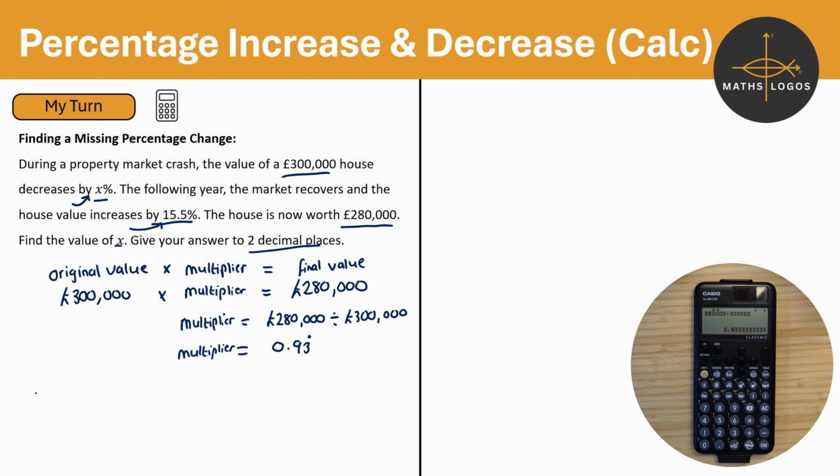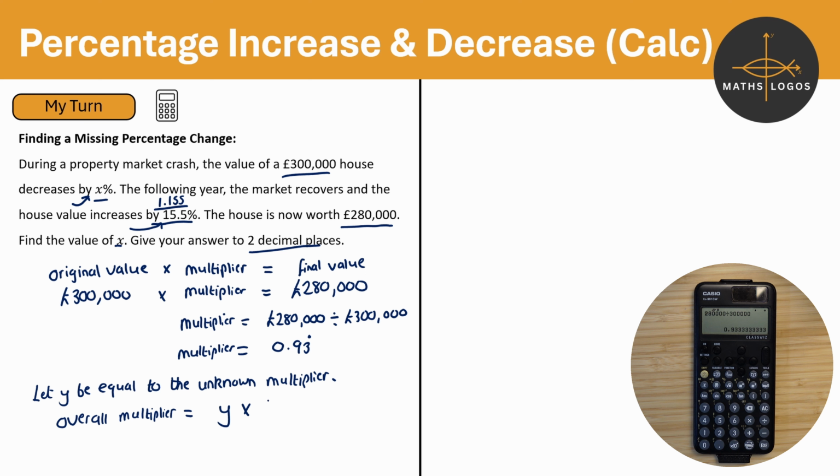What I'm going to say is let Y be equal to the unknown multiplier. The reason I've called it Y and not X is because this X% decrease is not equal to the actual multiplier. We need to work out the multiplier first and then figure out what the decrease is. Our overall multiplier is going to be equal to the unknown multiplier multiplied by the one that we do know, which is the 15.5% increase, which is a 1.155 multiplier.